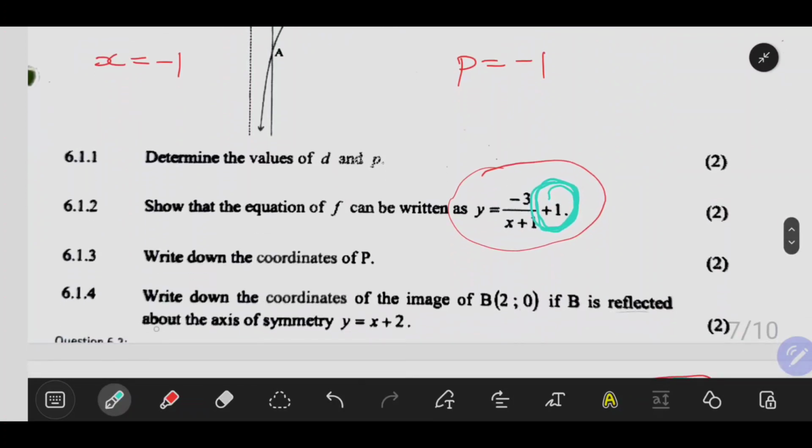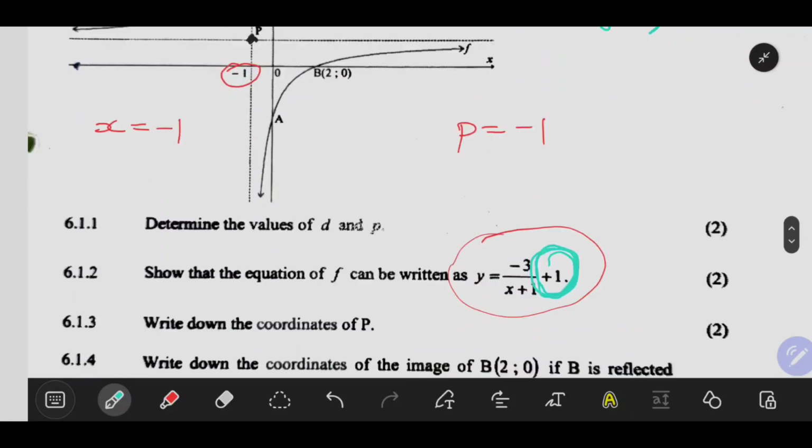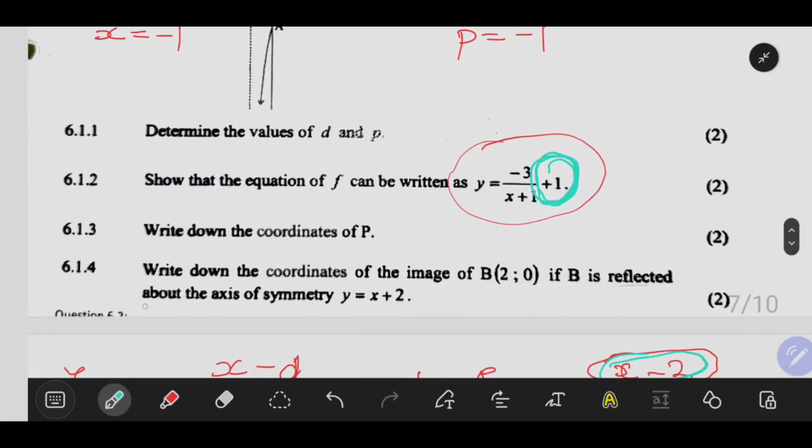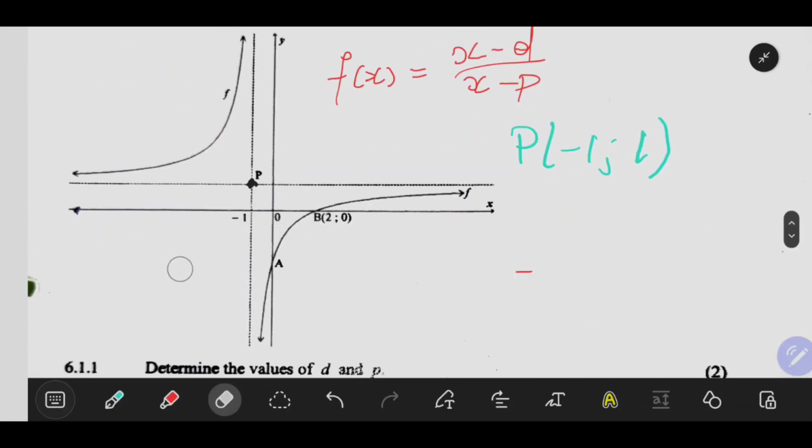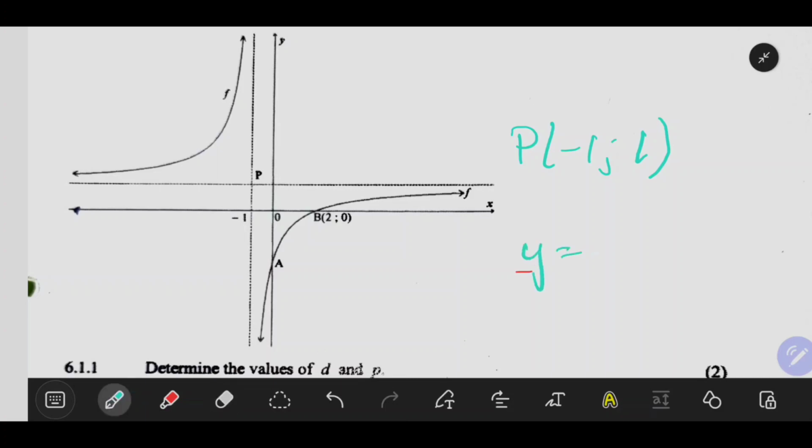Then the last question says, write down the coordinates of the image of this point B, if B is reflected about the axis of symmetry, y equals x plus 2. So we're given an axis of symmetry, which is y equals x plus 2. Then when we try to sketch that, we can see that our gradient is positive.